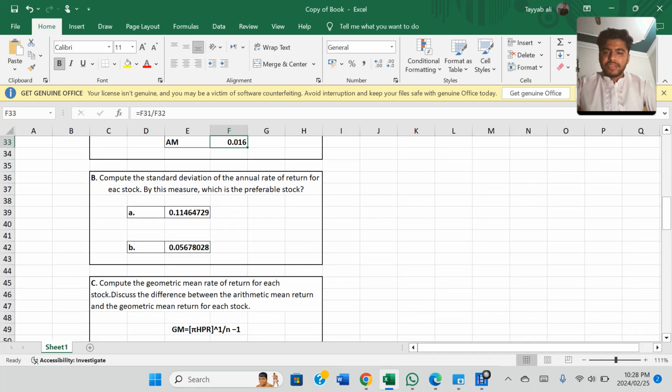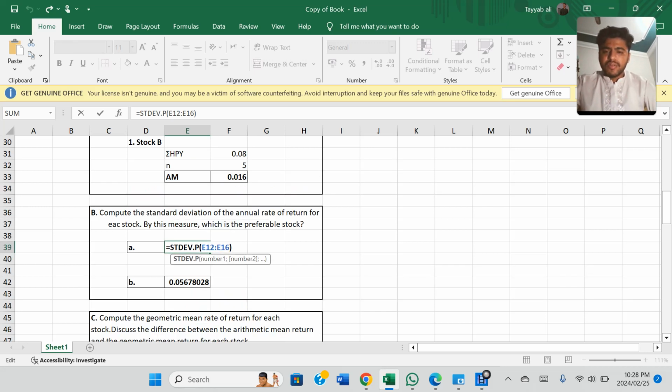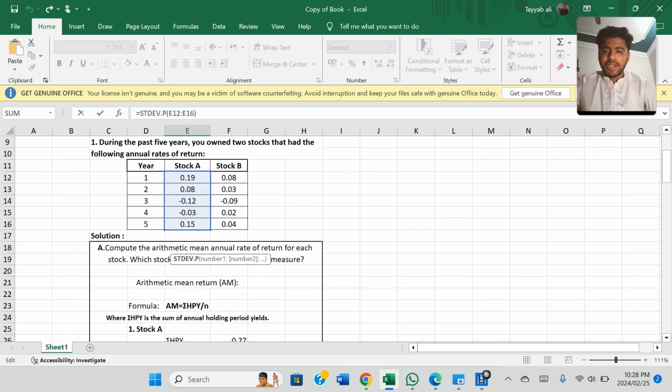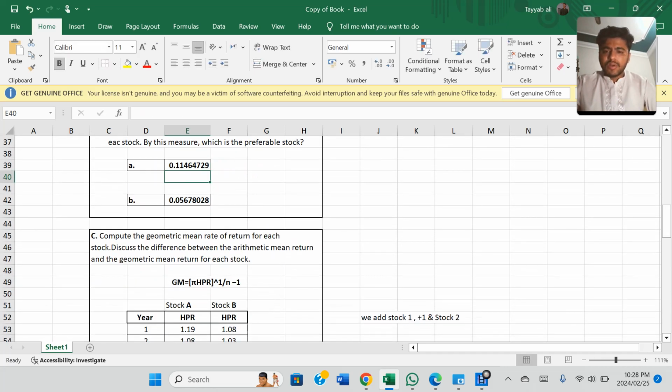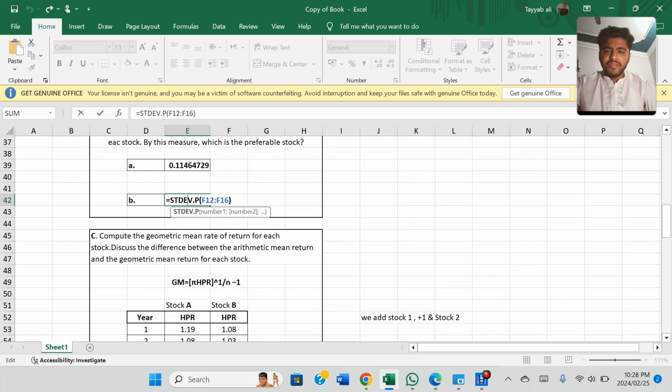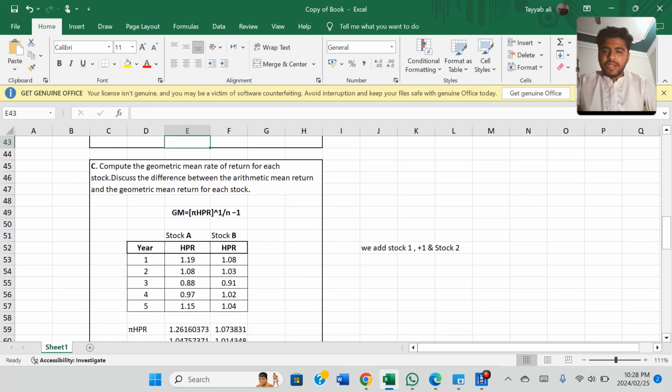Then we calculate the standard deviation of the annual rate of return for each stock. Simply we calculate the STDEV from E12 to E16, selecting the column for stock A, and then stock B, giving 0.0567028.